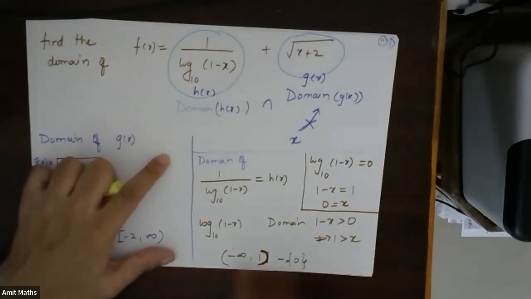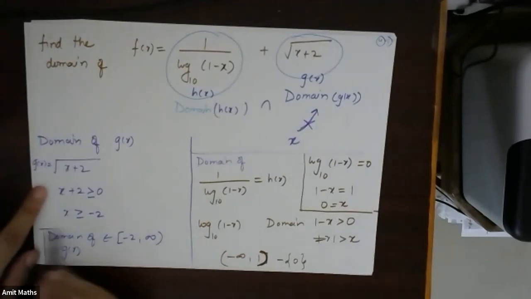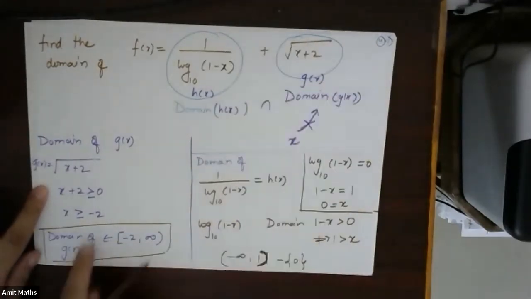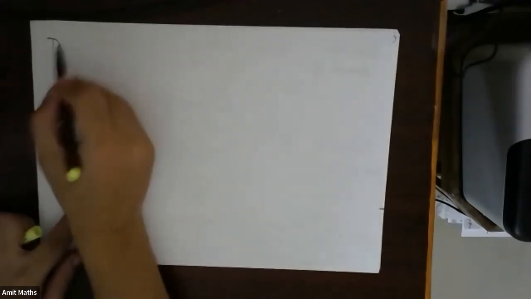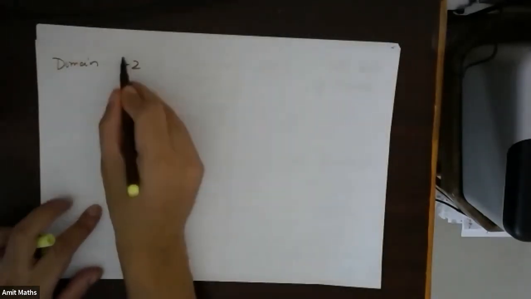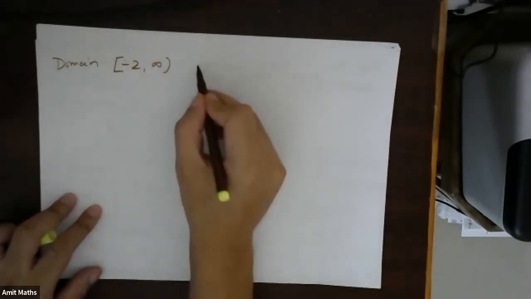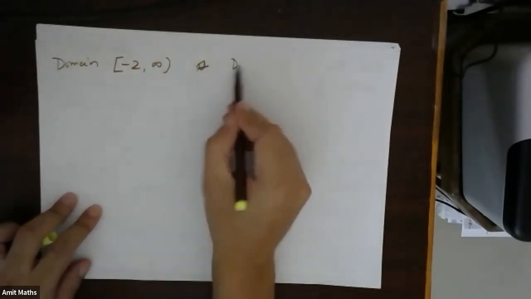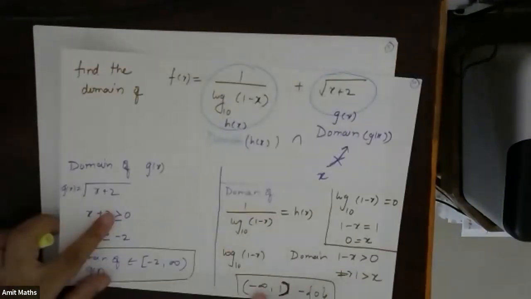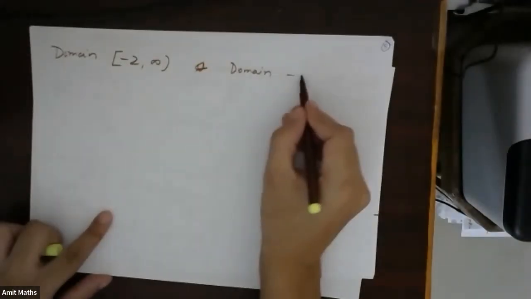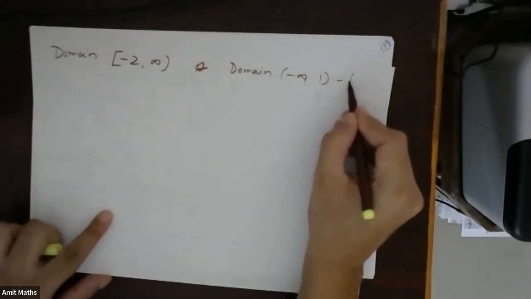So now I have got two different domains, the domain of this as this and the domain of this as this. Now I have to take the intersection. The domain of the first part was -2 included to infinity, and the domain of the second part was minus infinity to 1, minus 0.